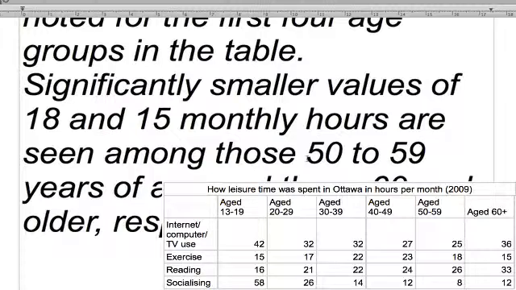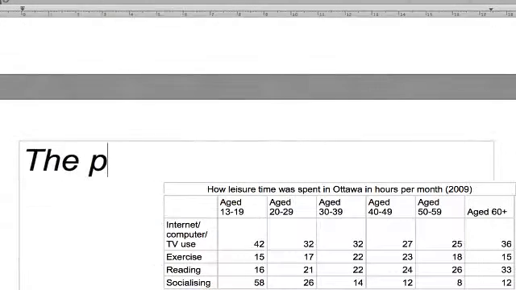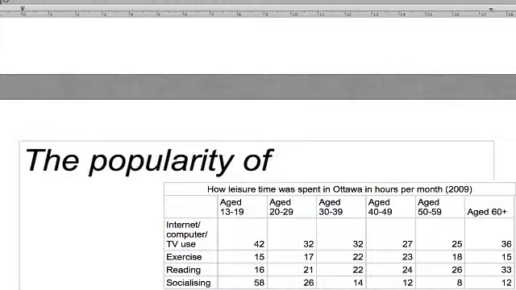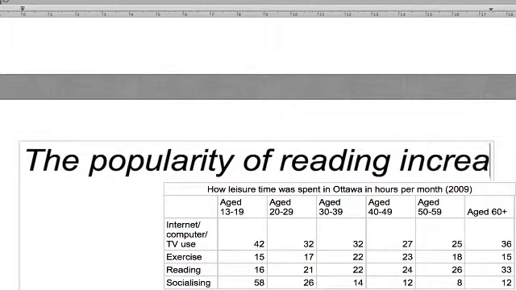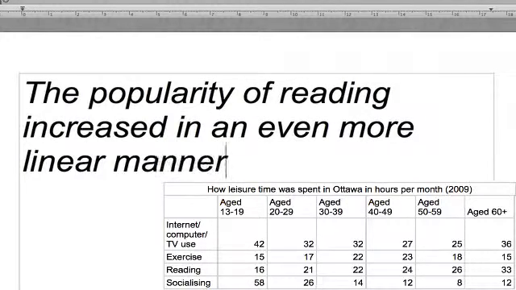Great. So moving on to reading. Now reading is the one pastime that actually seems to have a somewhat linear trend. It starts at 16 and it just gets more and more popular as the age groups in Ottawa go up. So we might say something like the popularity of reading increased in an even more linear manner.